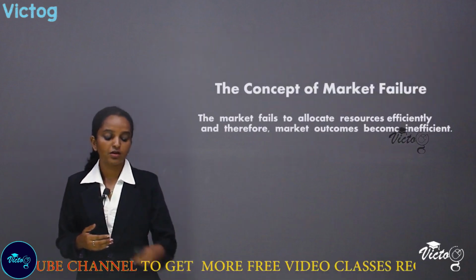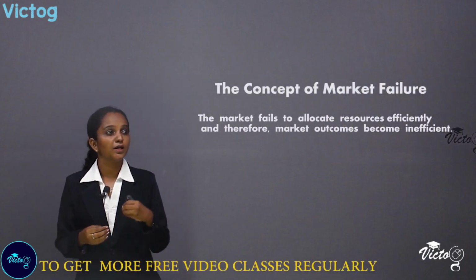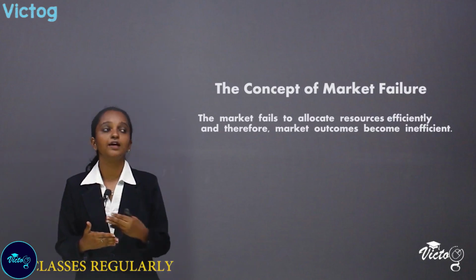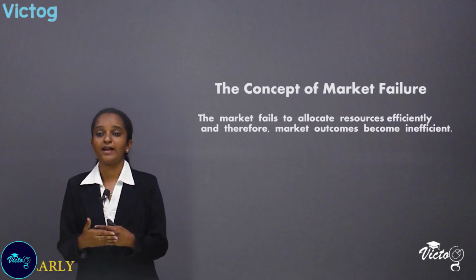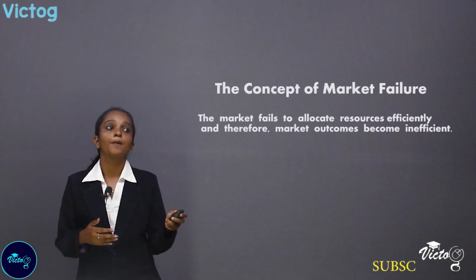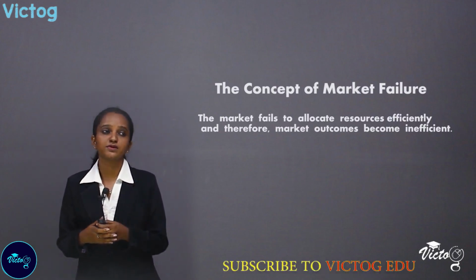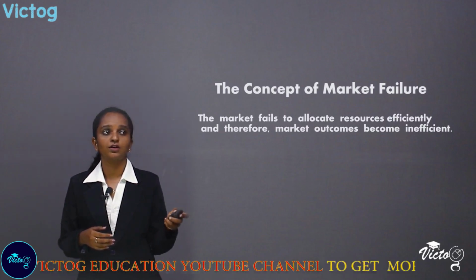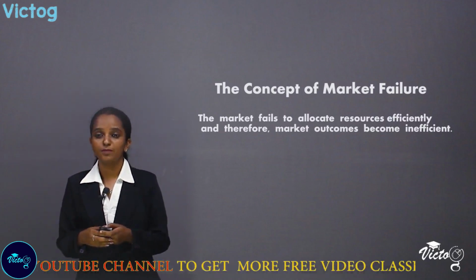We actually assume that markets are very efficient in allocating resources in an optimal manner, but in reality, markets fail to allocate resources efficiently, and therefore it leads to an inefficient outcome in the market.